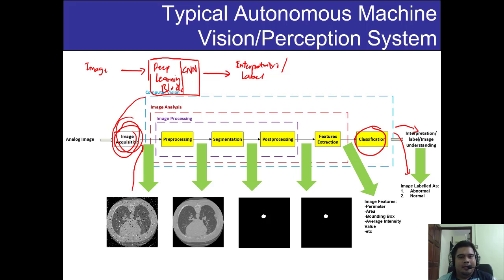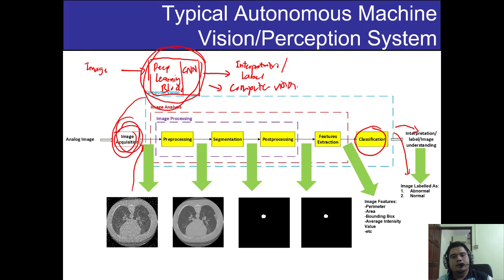So in other words, you can see that for the CNN itself, or the deep learning block here, the input is image and the output is interpretation. So what is this in the image processing community? Of course, if the input is image and the output is interpretation, then this is computer vision. This is also called computer vision.